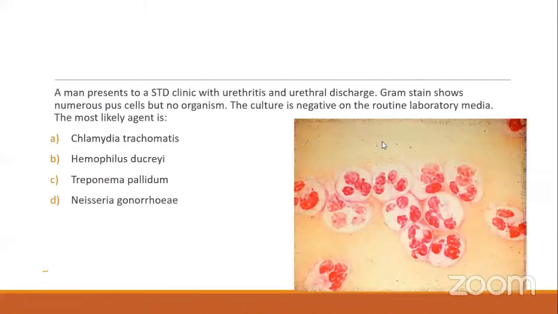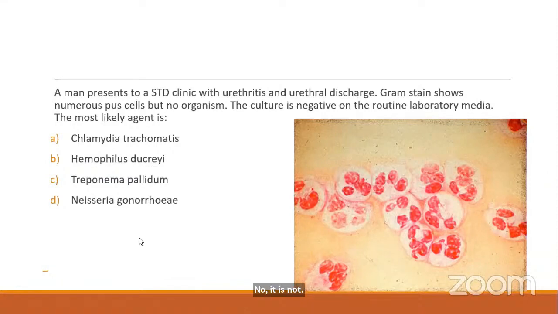Okay. A man presents to the STI clinic with urethritis and urethral discharge and numerous pustules but no organism, and the culture is negative on routine laboratory medium. What could be the possible agent? No, it is not Haemophilus ducreyi. It is Chlamydia trachomatis.